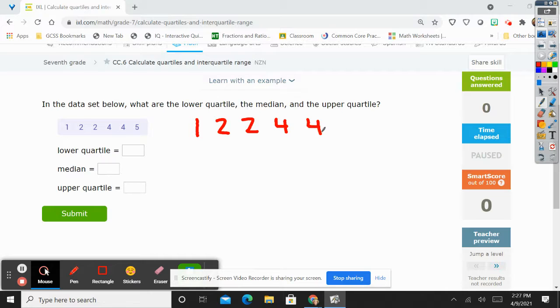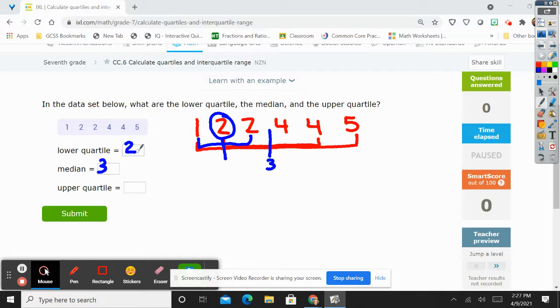Right now, IXL is putting it in order, but the higher you go, they take it out of order. So, to figure out the lower quartile, you have to find the median first, and in the middle, between 2 and 4, you're going to find 3. So that's the median.